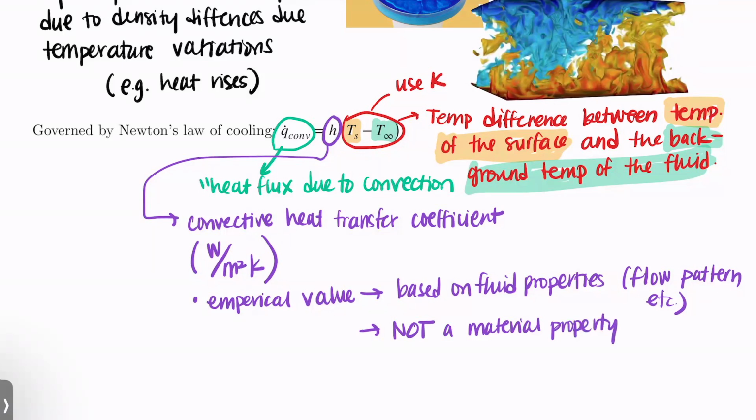All right, so if you remember, this is similar to what our heat flux due to conduction equation looked like. It kind of looks like Fourier's law of conduction, where K, the coefficient in front of that equation, was a material property. This one is not.